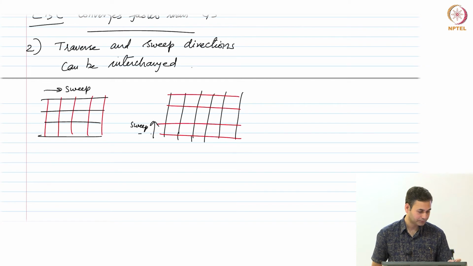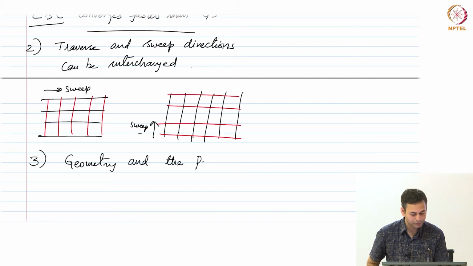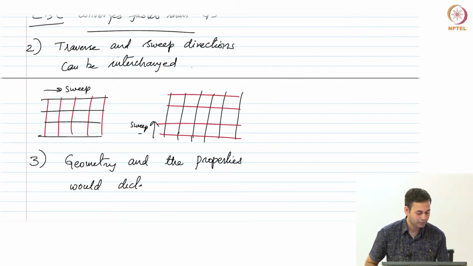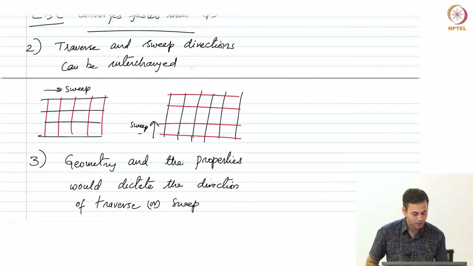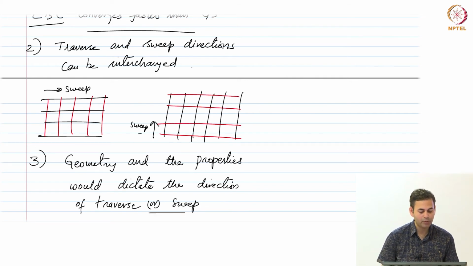Now, sometimes the geometry and the properties would dictate the direction of traverse or sweep. So, what do we mean by geometry and the properties?